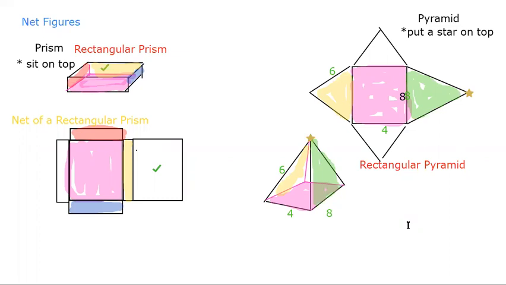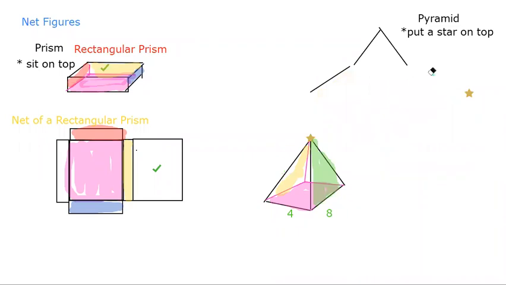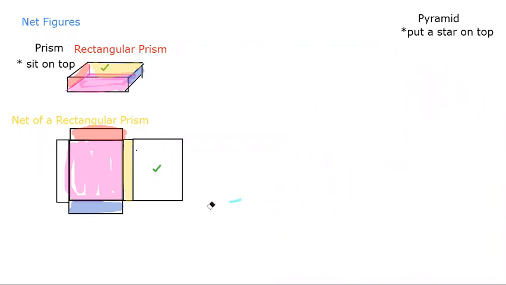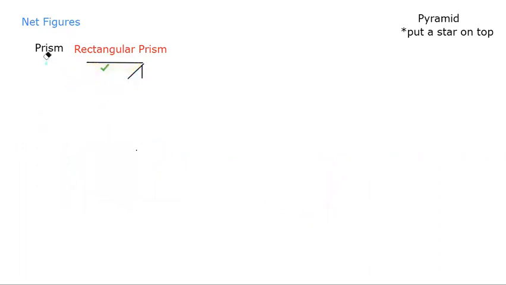and then label it. Now, another thing that you're going to be asked to do on many of your tests with these net drawings is you're going to be asked what shapes make this up. One of the most confusing ones is this.